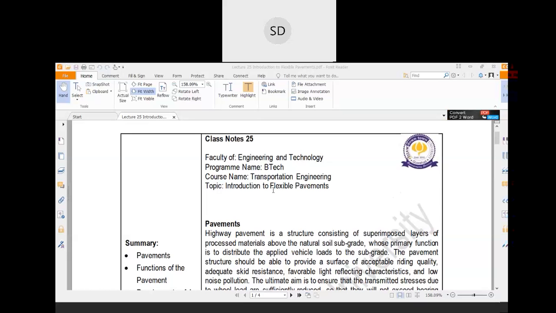Some layers are made up of subgrade soil, some layers are made up of coarse aggregate, and some layers are made up of a bituminous binder.